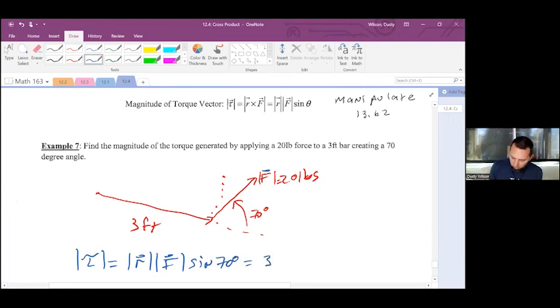Where we have 3 times 20 times the sine of 70, which, according to my Texan friend, is 3 times 20 times the sine of 70 degrees, making sure I'm in degree mode.